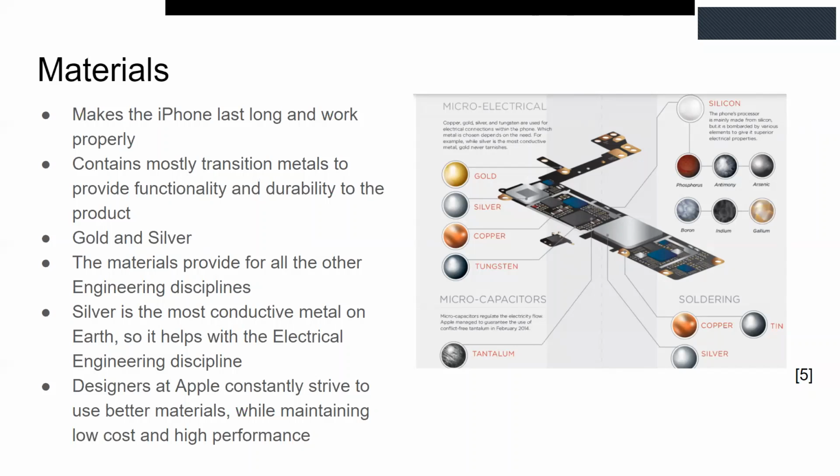So the materials help provide for all the other engineering disciplines by providing the means needed to build the circuitry, the case, etc. And designers at Apple are constantly trying to use better materials while also keeping costs low and delivering high performance.